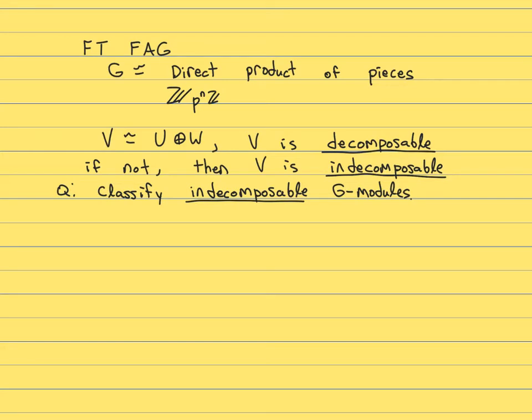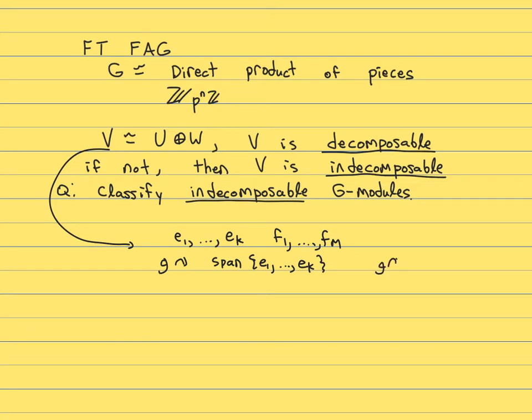On the matrix level, if you've got a direct sum and you get a basis for the first part and a basis for the second part, then G acts on the span of the first part and the span of the second part separately.